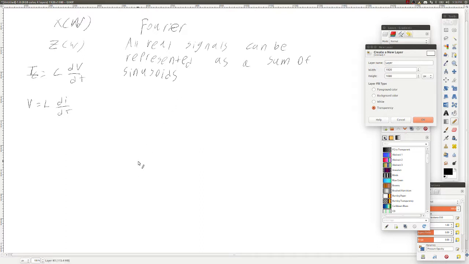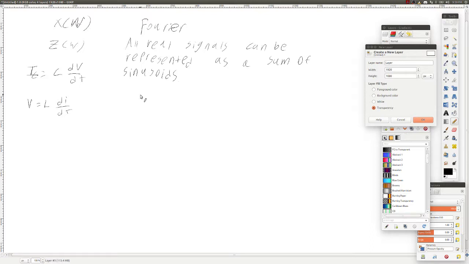Basically, Fourier demonstrated that any signal, any real-world function, whether it's a square wave or y equals x, all of these real functions can be turned into frequency components. This concept is actually used in all kinds of things. It's used in image analysis, it's used in video compression, it's used all over the technical world nowadays because it is fundamentally incredibly powerful.